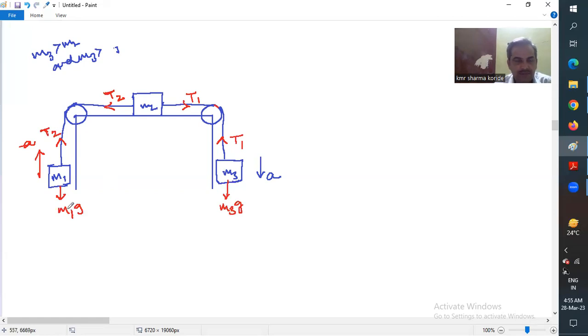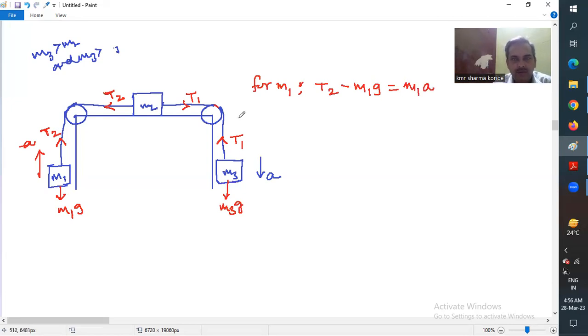So here T2 is opposed by the weight of the body of mass M1. Now for the case of M1, T2 favors, but its weight acts vertically downwards and opposes. This is going to be M1.